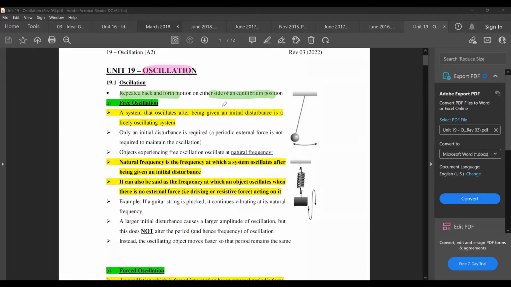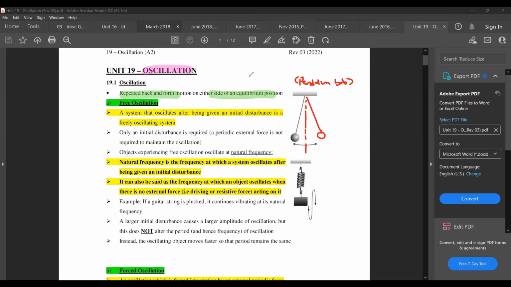Okay, so a simple oscillation example that you may have done or seen in the lab thus far could be, say, for example, your pendulum bob. This one is actually oscillating because what you understand for a pendulum bob is that it will move back and forth, left and right.